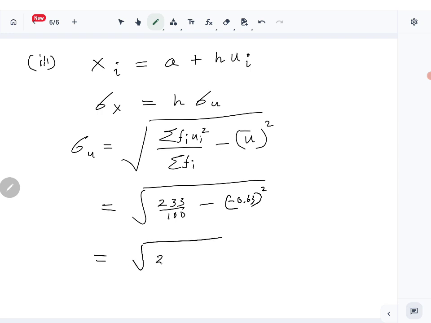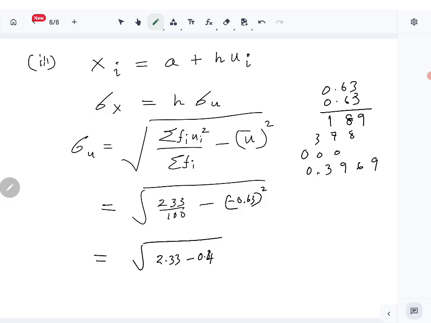So you have 2.33 minus 0.63 into 0.63, which is 0.3969. They'll take it as 0.4.